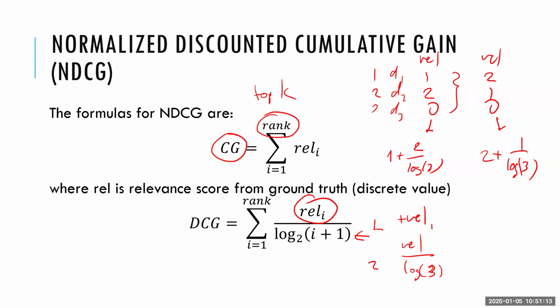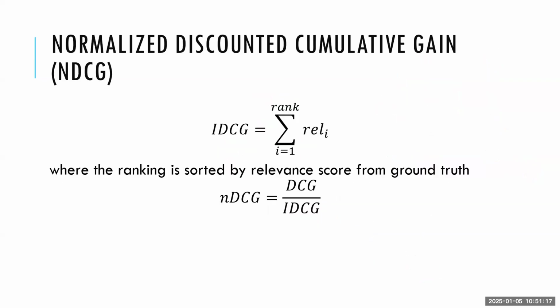How can we compute the actual score? We are going to look at the ideal, this I stands for ideal. So the ideal score is the ranking sorted by relevant score from the ground truth.